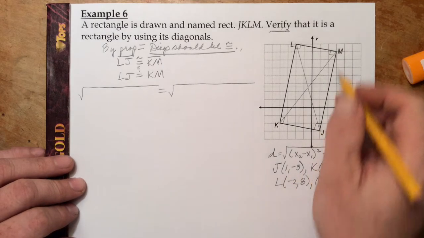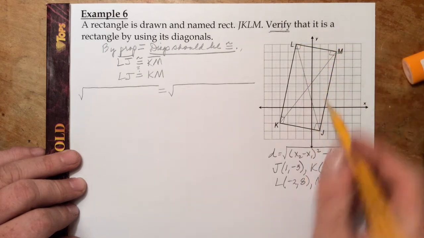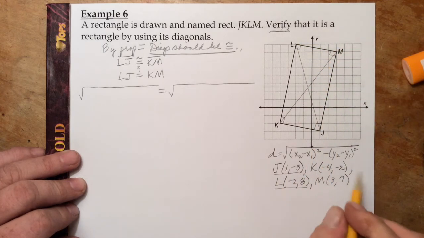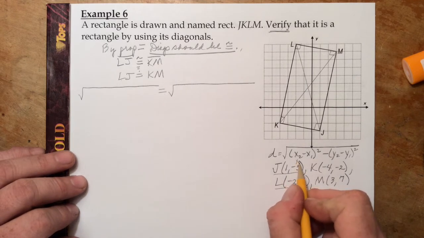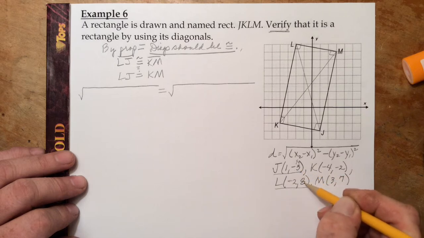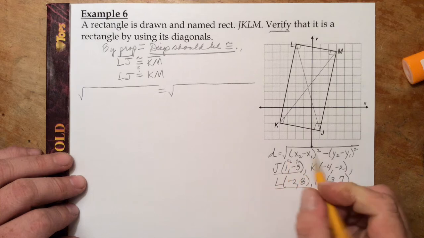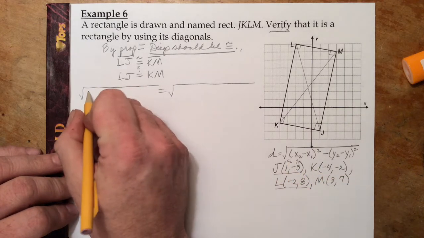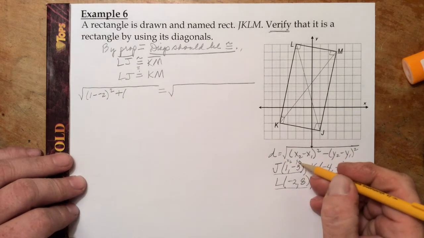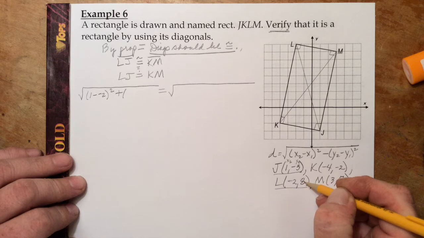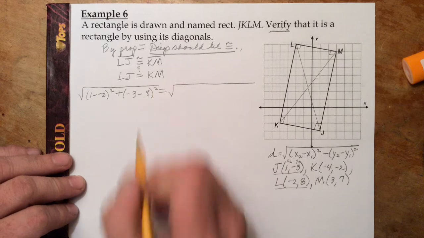Now that we have all the vertices' ordered pairs, we look at LJ or JL first. There's J, there's L. I'm going to let J be my second point, so we have x2 minus x1, and then y2 minus y1. We'll start with x2. So 1 minus negative 2, quantity squared, plus, now over to the y's, y2 minus y1 would be negative 3 minus 8 squared.